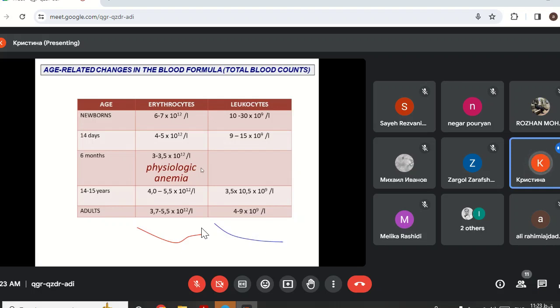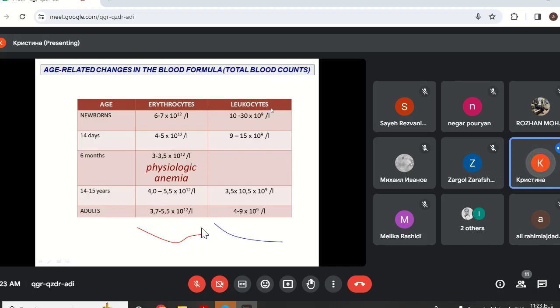It's normal for a baby 6 months old to have a lower than adult amount of erythrocytes. And then the number of erythrocytes starts to grow up till adult levels. So the graph will look like this. At first a little bit higher than normal, then the amount goes lower, and then returns to the adult value.